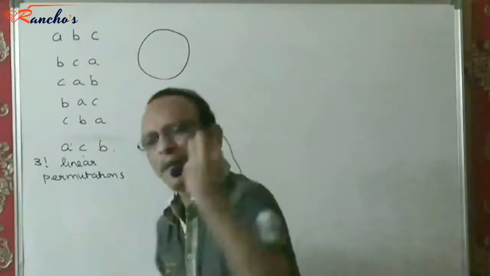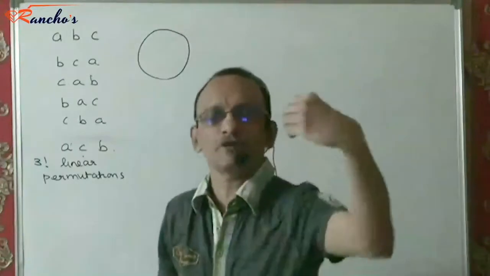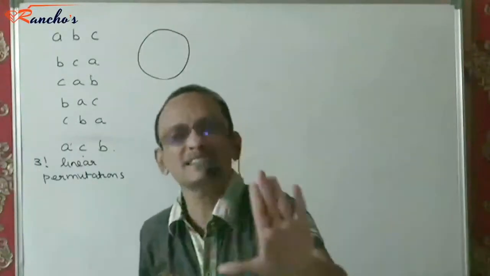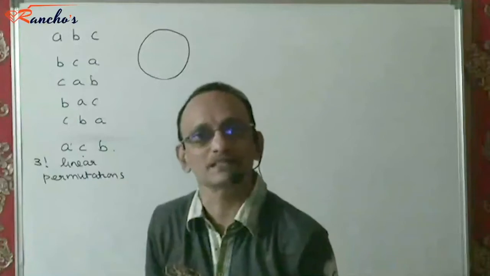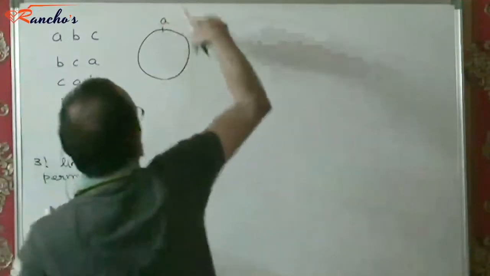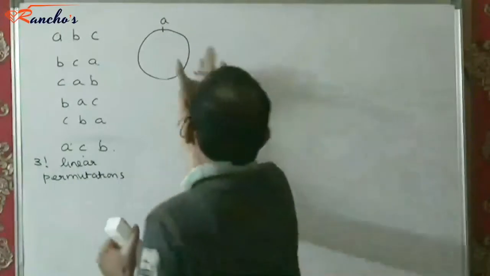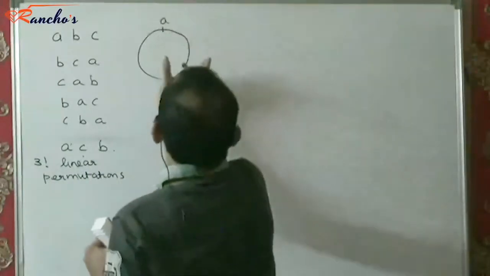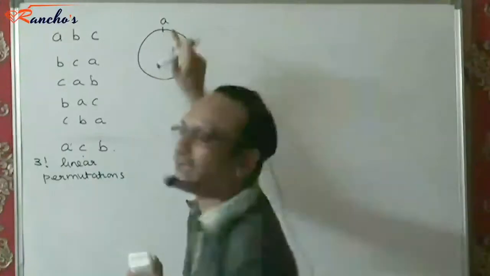So I pick up A, for example, and I first place A somewhere. In how many ways can I place A? There is only one way, because no matter where I place A on the circle, I could rotate the circle and bring A somewhere here.